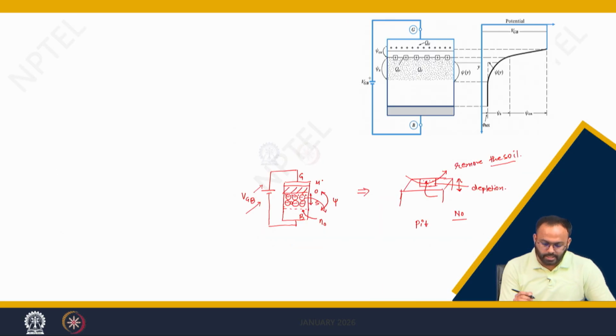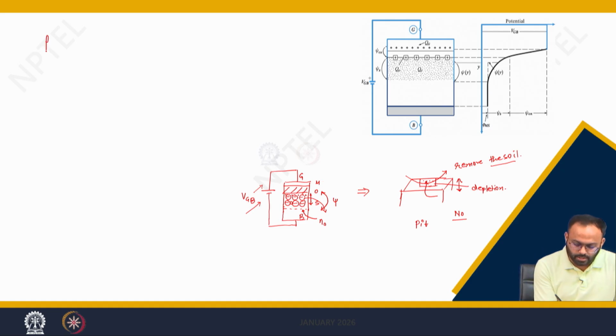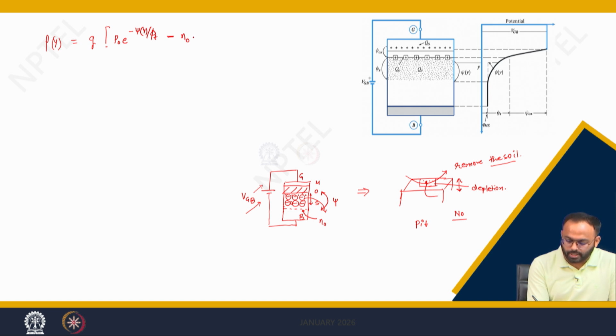So the total charge density can be written as rho y equals q times the hole concentration, which is given by p naught exponential of minus psi y by phi t, minus the electron concentration, which we need to take as negative because the sign of electron is negative, n naught e to the power of psi y by phi t.